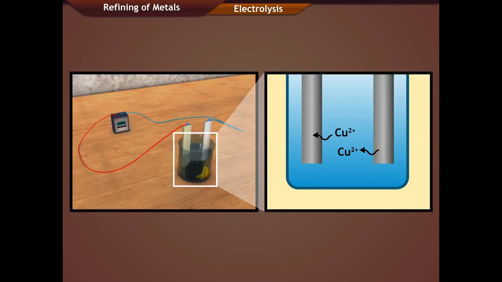An equivalent amount of pure metal from the electrolyte is deposited on the cathode. The soluble impurity goes into the solution, whereas the insoluble impurities settle down at the bottom of the anode and are known as the anode mud.